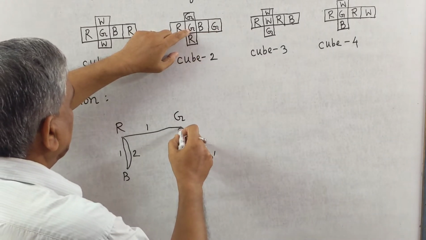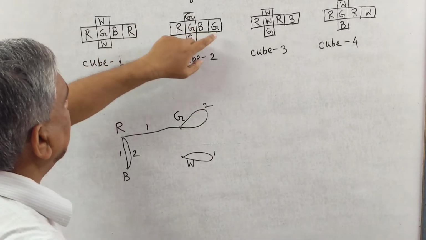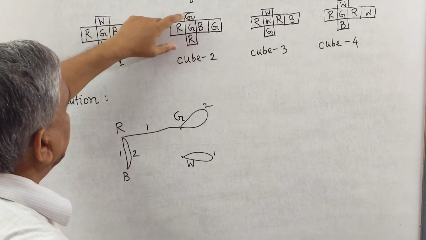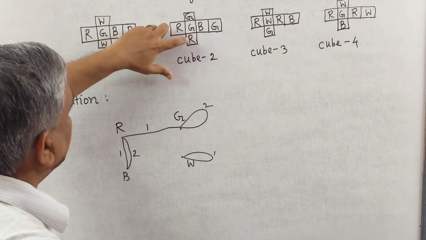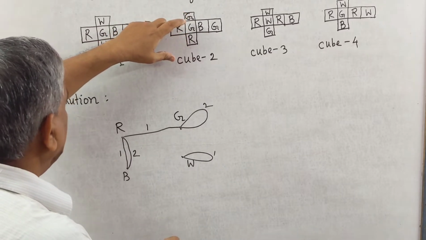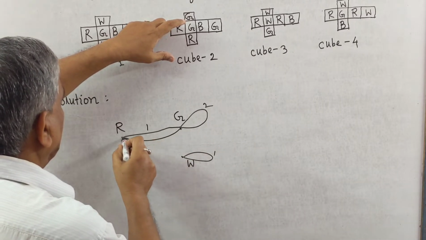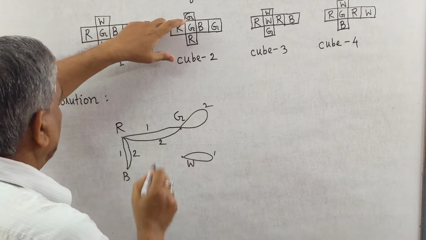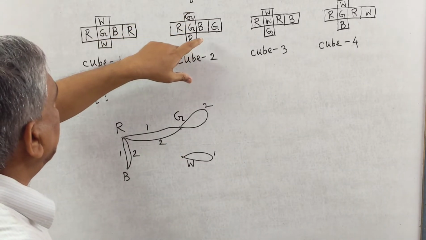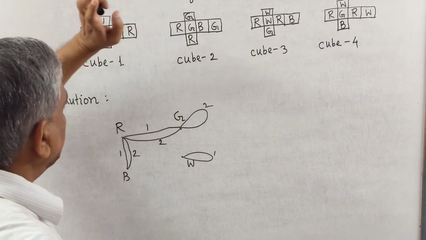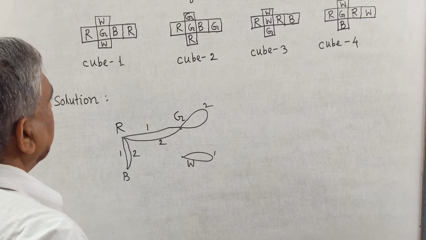So we get here GG. Here top G and bottom R. We join G and R by 2. So we get 3 edges for second cube.